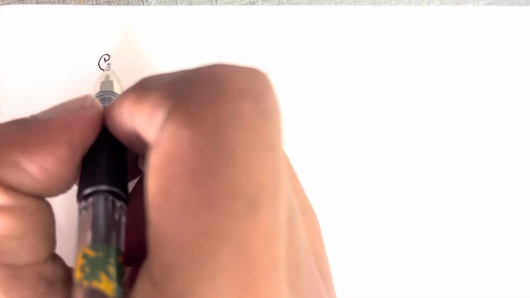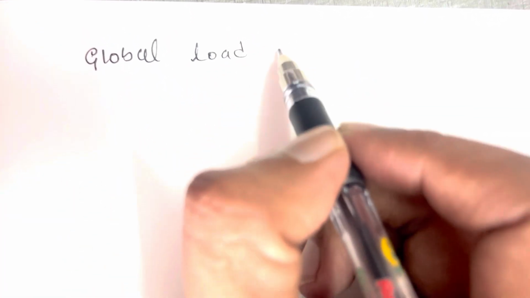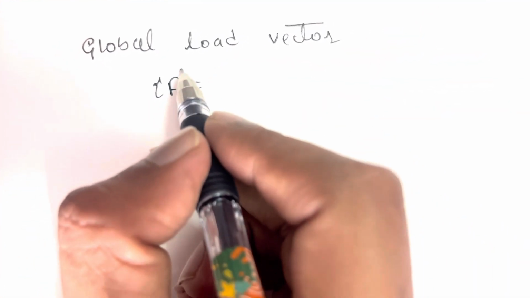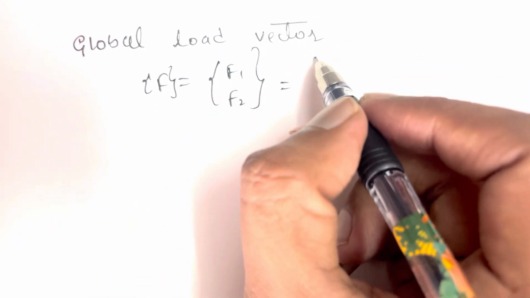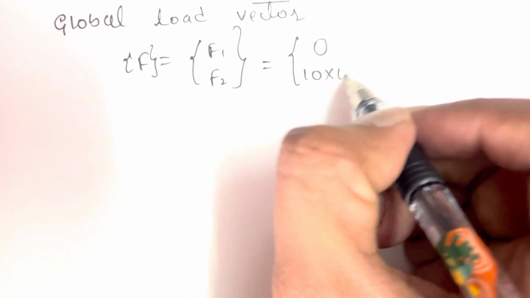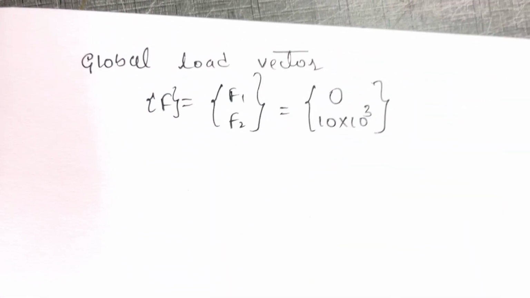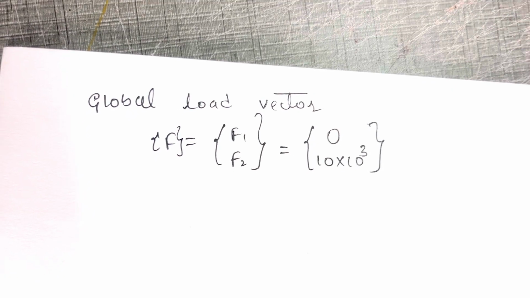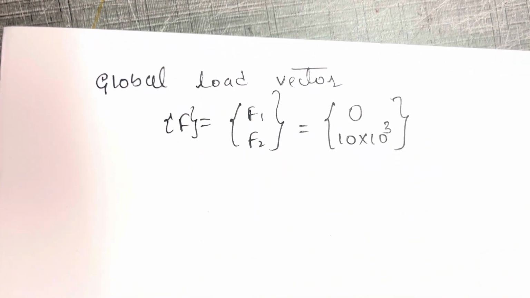Similarly, global load vector. F is equal to again F1, F2. We know F1 is 0 because that is a fixed end, and F2 is 10 into 10 raised to 3 Newton. In the question it is mentioned as 10 kilonewton, so that is 10 into 10 raised to 3 Newton. Okay. Now the equilibrium condition, I will write the equilibrium condition.